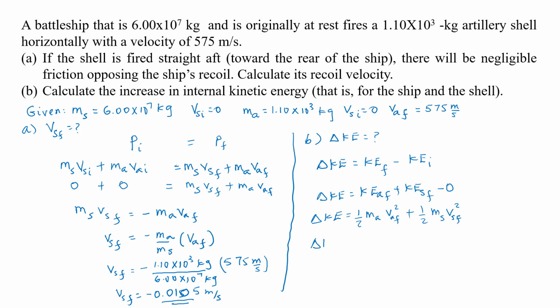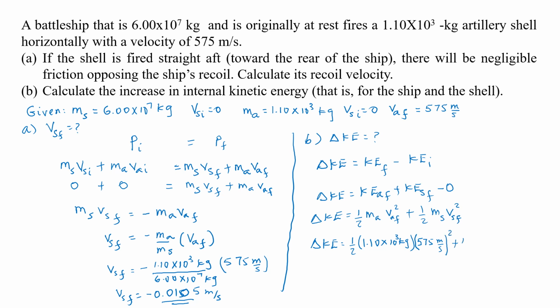Delta KE will be equal to 1/2 mass of the artillery shell, which is given to be 1.10 times 10 to the power of 3 kilograms, multiplied by the square of its velocity, which is given to be 575 meters per second, squared.